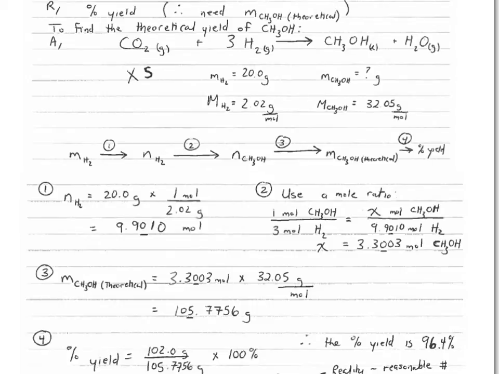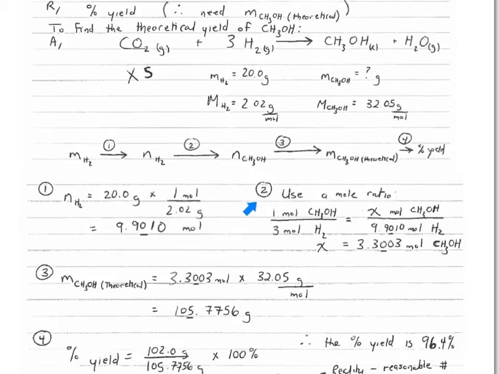As per previous tutorials in stoichiometry, I've taken the same approach in laying it out. The first step here, we're simply finding the number of moles of hydrogen. The second step, we're using the mole ratio, and on this side of the mole ratio is what I call the known ratio. So for every 1 mole of methanol, we have 3 moles of hydrogen.